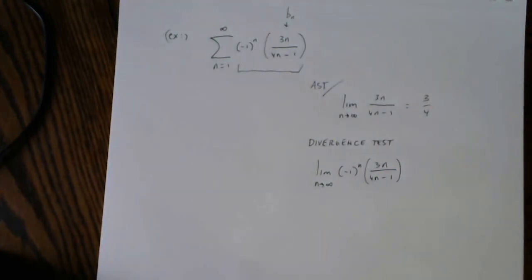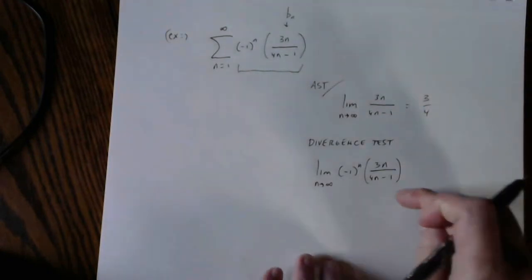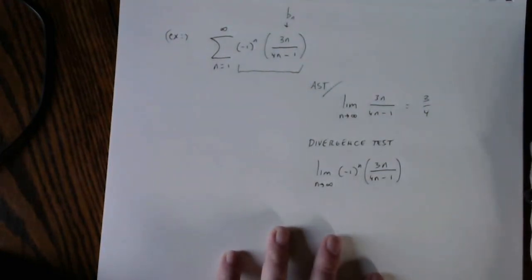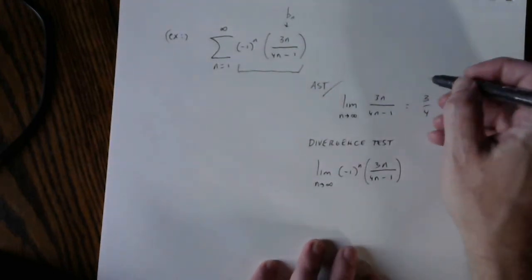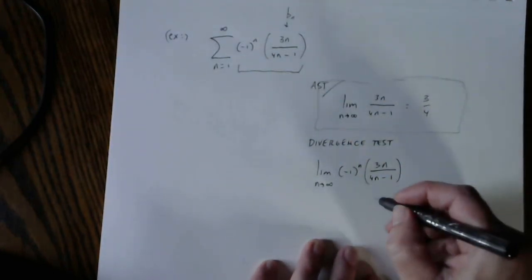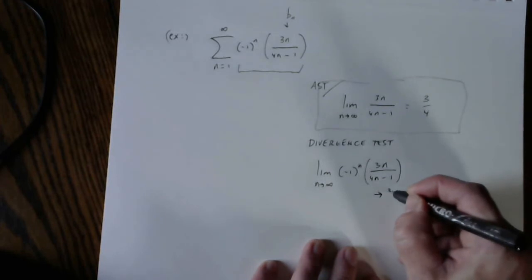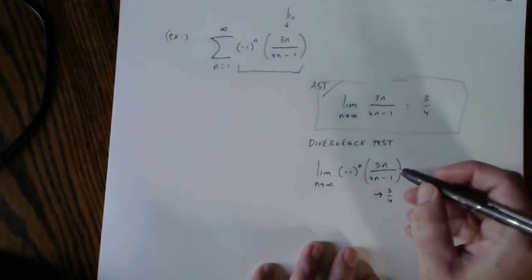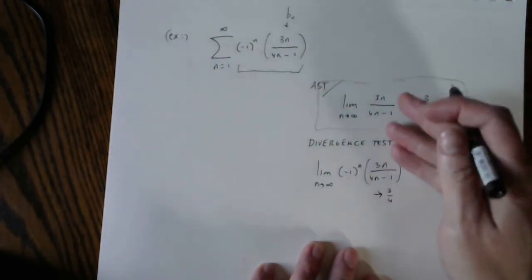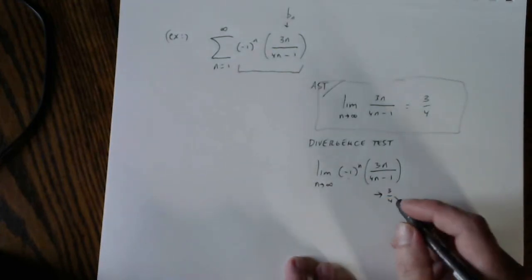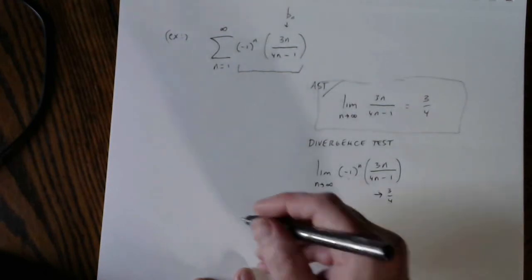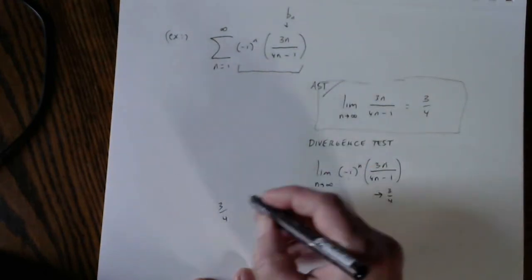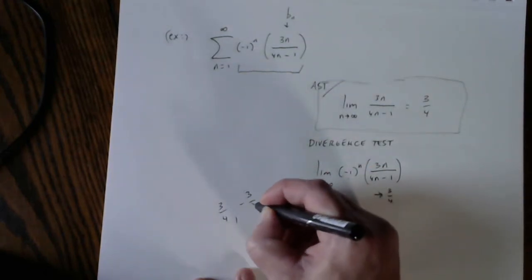And my claim again with the divergence test is if this does not equal 0, I've shown divergence. Well, think about what's happening here. This piece is going to 3/4. This piece is just flip-flopping between 1 and -1. So the limit here doesn't exist. At the end of this, it's going between numbers like +3/4 and -3/4, right?